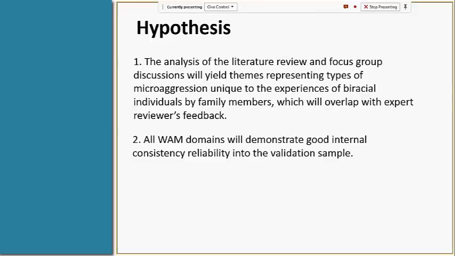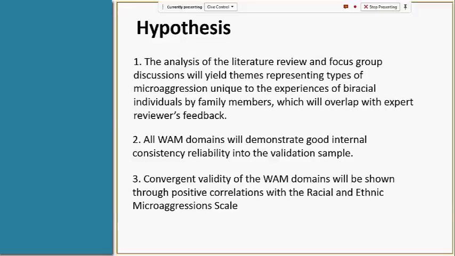All WAM domains will demonstrate good internal consistency, reliability into the validation sample, and convergent validity of the WAM domains will be shown through positive correlations with the racial and ethnic microaggressions scale.